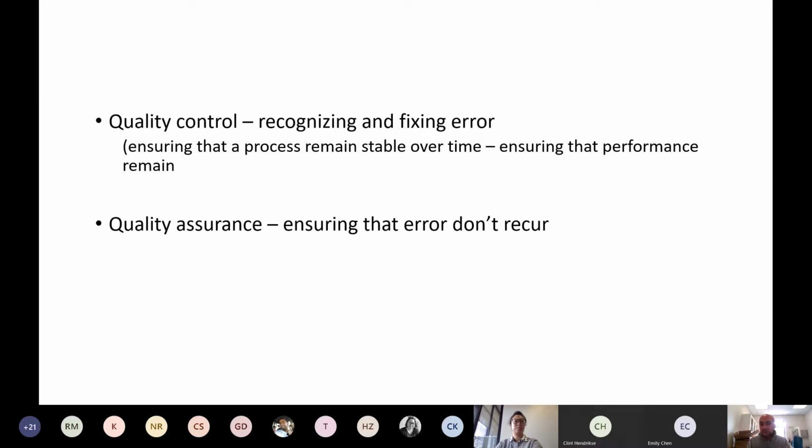Quality assurance is more of a system that monitors all the quality control aspects. So if you have quality control in triage, you've got quality control with providing medication, IV medication, and so on. Quality assurance is the system that governs it. It's the system that coordinates it.